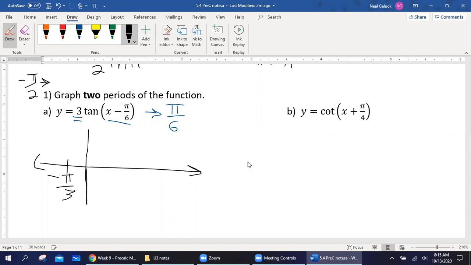That means that all my other asymptotes are also going to shift. There's an asymptote at pi over 2. If I add pi over 6 to that, I'll get 2 pi over 3.